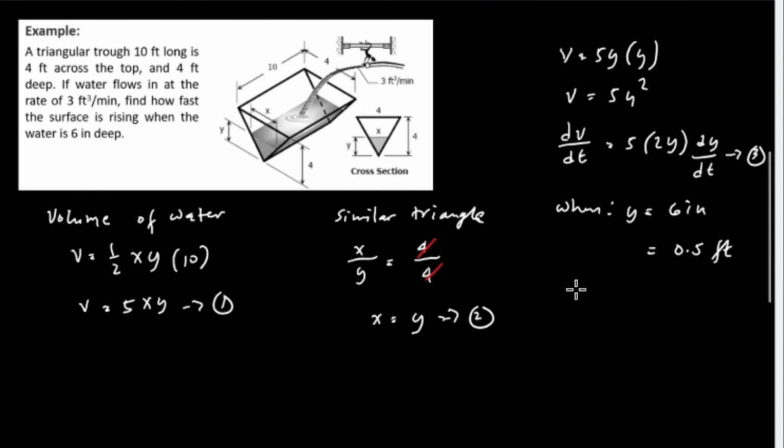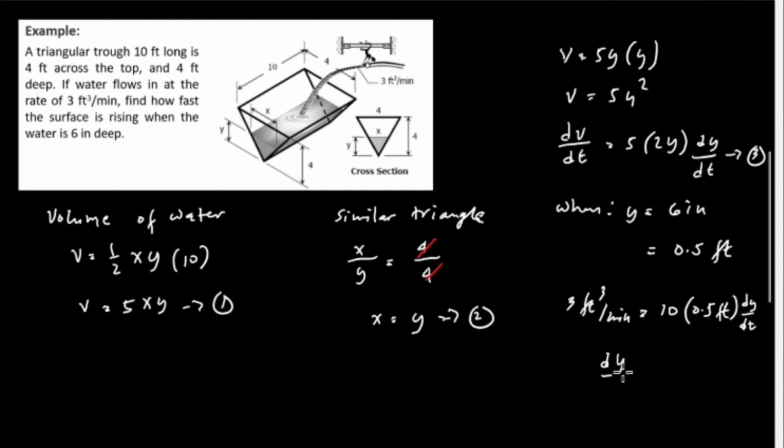So the derivative of the volume over time, which is equivalent to 3 cubic feet per minute, is equal to 10, and the height of the water, which is 0.5 feet, and the unknown, which is dy over dt.